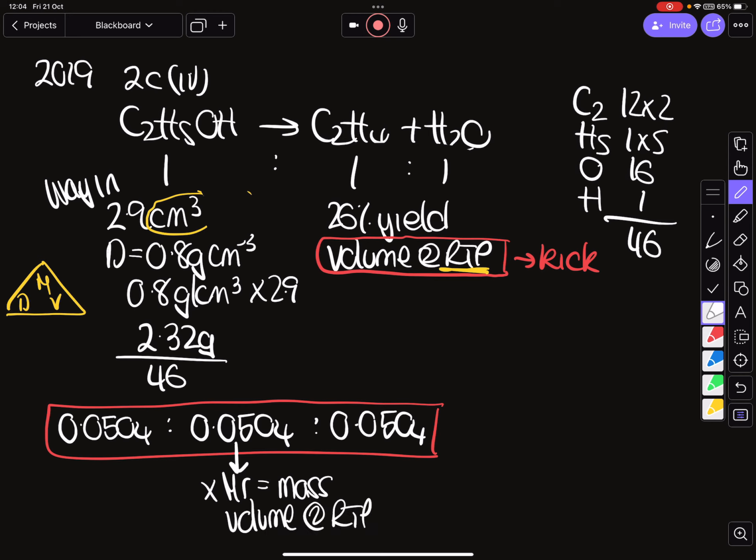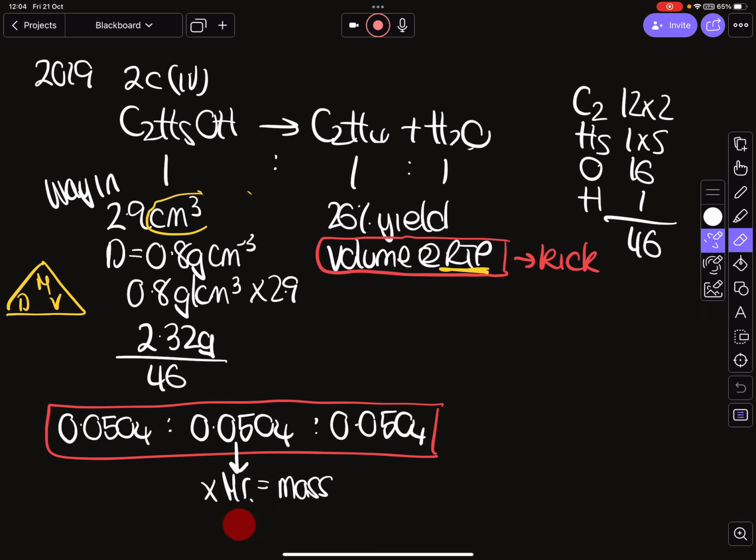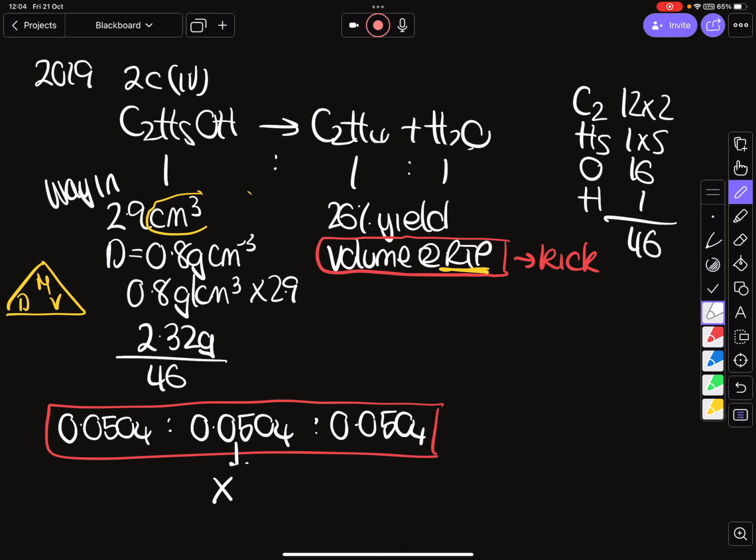So you have to recognize that this is going to be a different triangle. So the triangle that I am looking for is going to be volume at RTP. So my molar volume at RTP, I'm going to multiply this. It says volume, we'll keep it in centimeters cubed. So it's going to be multiplied by 24,000 centimeters cubed. Okay, that was the kick.